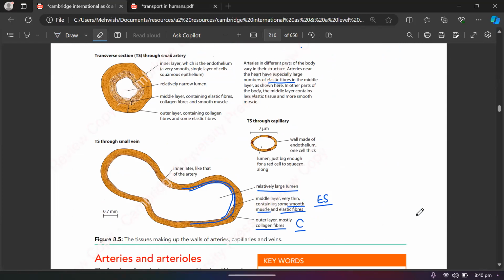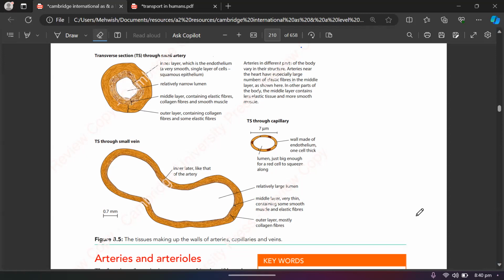Arteries have a narrow lumen. Arteries have thick muscular walls generally, and they have three layers. The innermost layer is called the endothelium, smooth single-layered squamous epithelium cells that make up that lining.